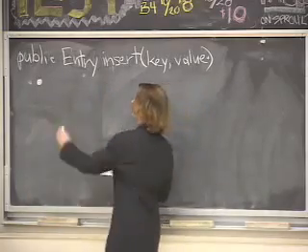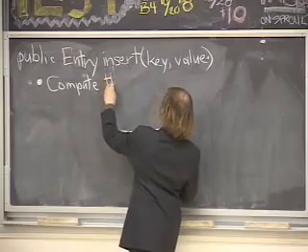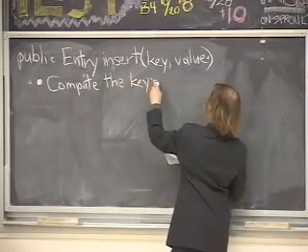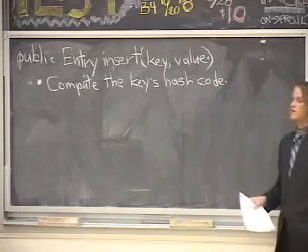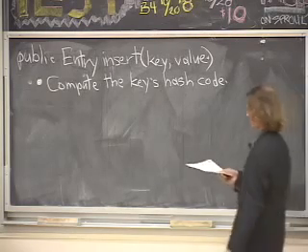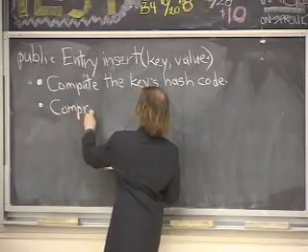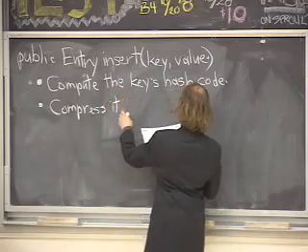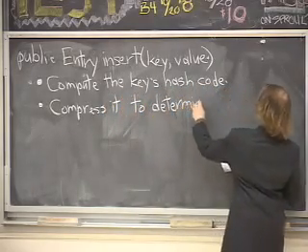First of all, you compute the key's hash code. So in the case of an English word, that might mean treating it as if it were a base 26 number and converting it into the computer's internal number format. Then compress it so it fits in the table, and that tells you what bucket to store it in.